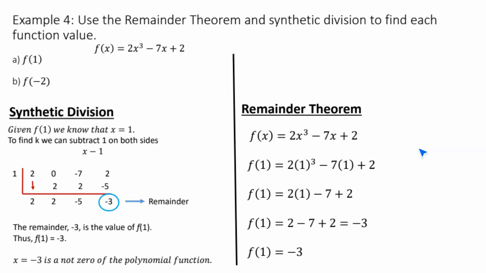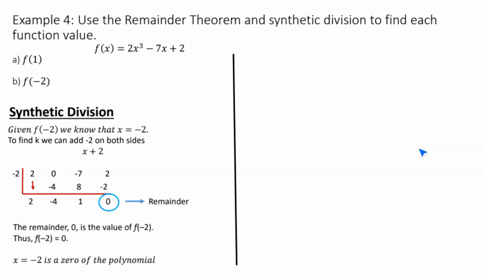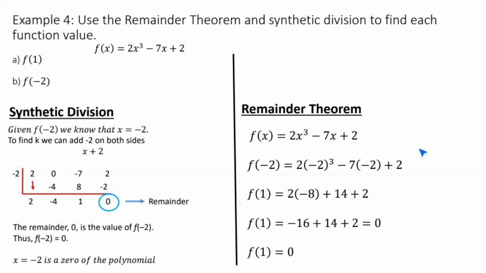So let's go ahead and do B. Let's start with doing the synthetic division for -2, or input value -2. So again, when I do synthetic division, I have a remainder of 0. So if I plug this into my function, you'll see that my value for y will also be 0.